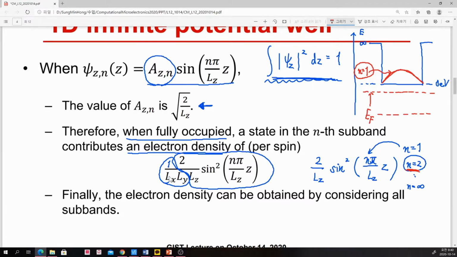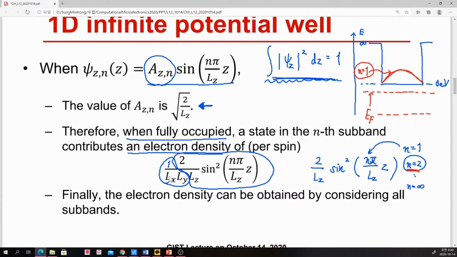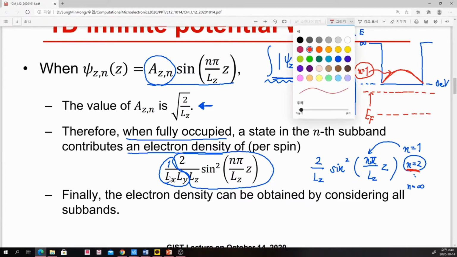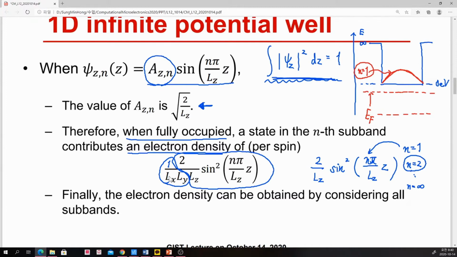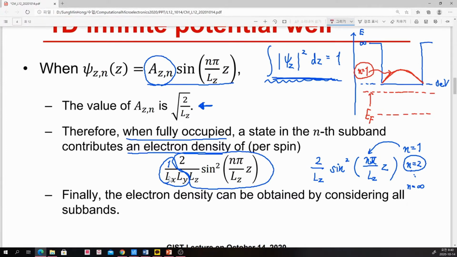And if we push our Fermi level even above 0 electron volt, then certainly not only n equal to 1 or n equal to 2, but all other states below the Fermi level will be almost fully occupied.